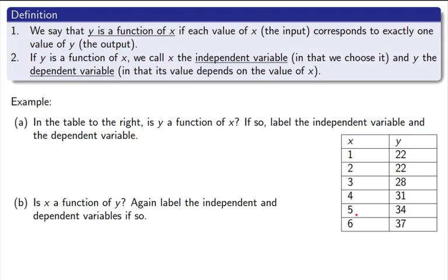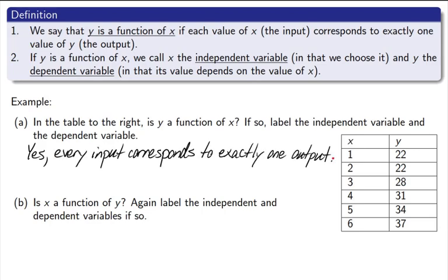And so if we look at this, it appears that the x's do not repeat, which I mentioned in the last slide is a good thing. So even though we have a repeating output, the fact of the matter is that 1 has only one output, 22. And 2 has only one output, 22. So is y a function of x? Yes. And let's explain why.